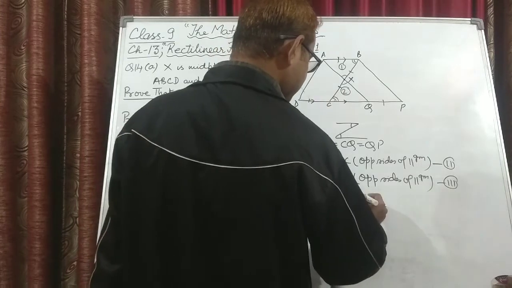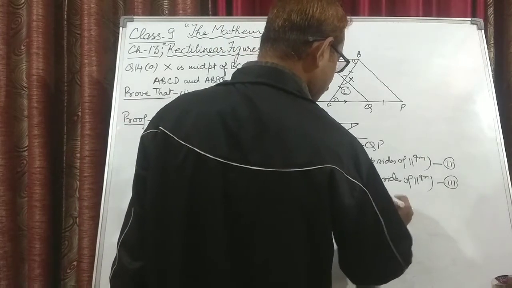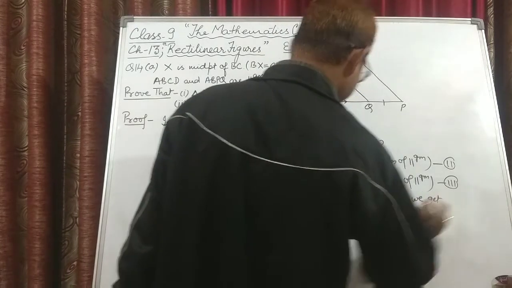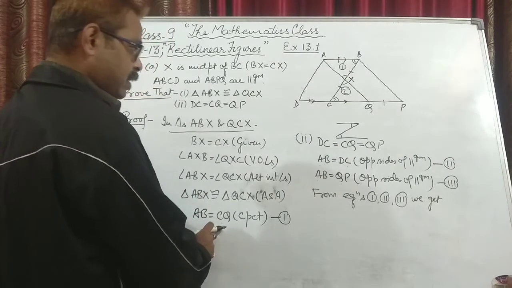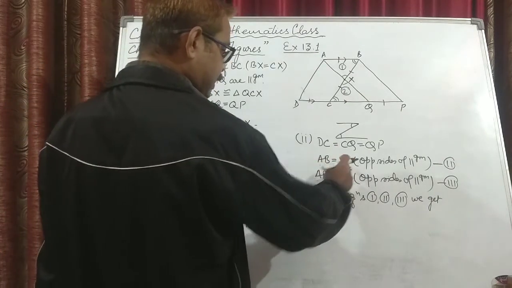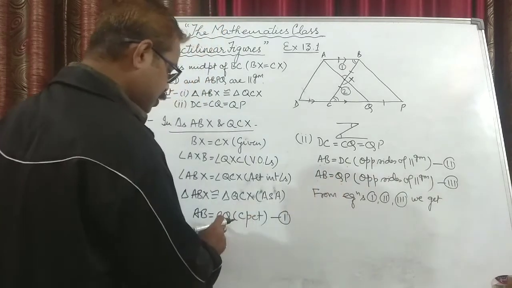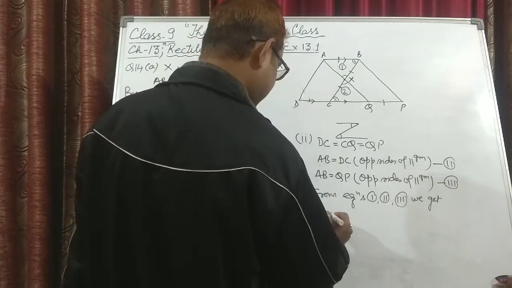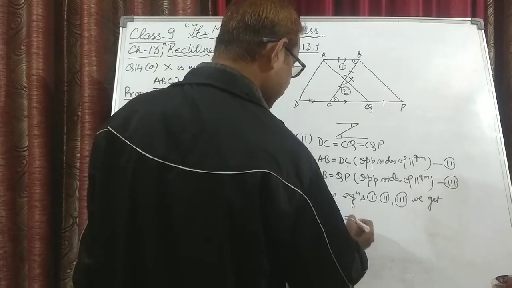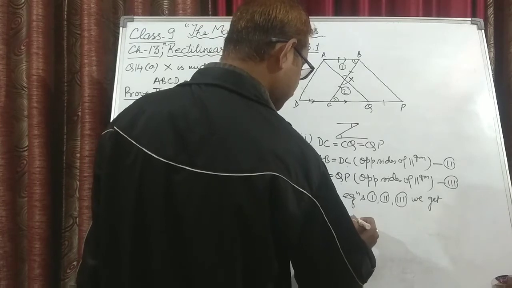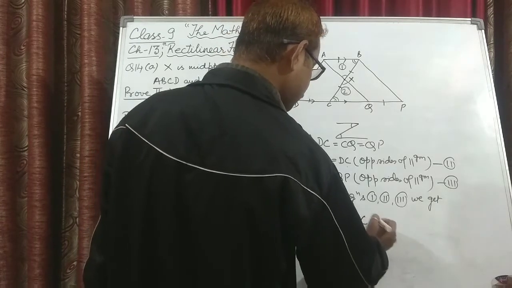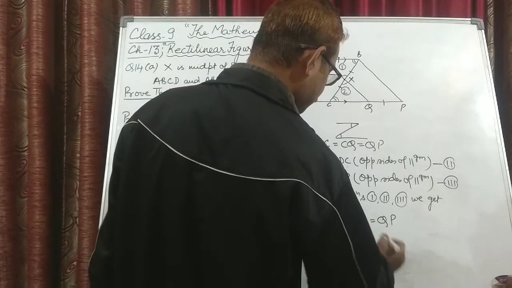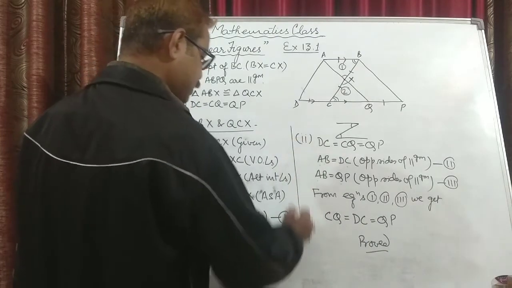From equations 1, 2 and 3 we get CQ, DC and QP are all equal. So we can write the final statement as CQ is equal to DC, DC is equal to QP, and that is proved. This was the second part that has been proved.